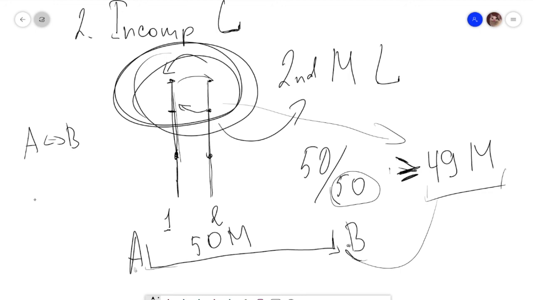Because when we know the distance between these two genes, we know the chance of crossing over, and we know what percent of individuals in the next generation are formed after crossing over.